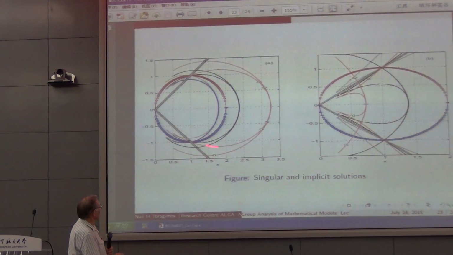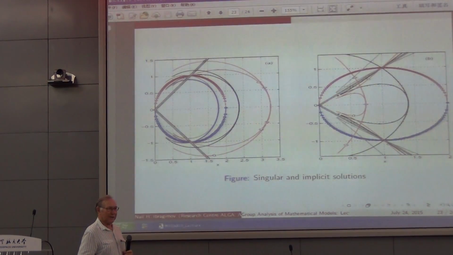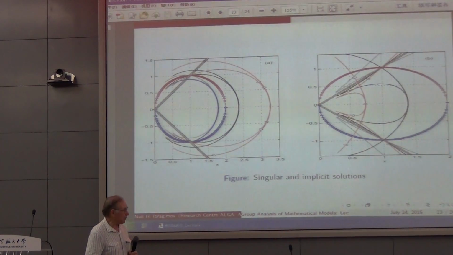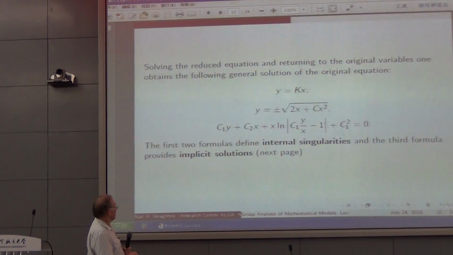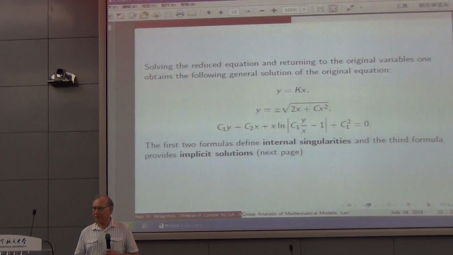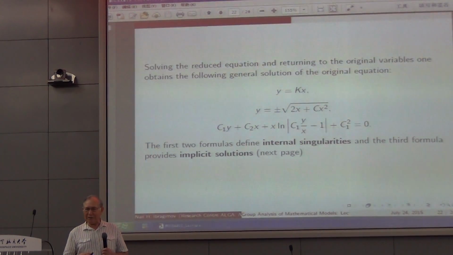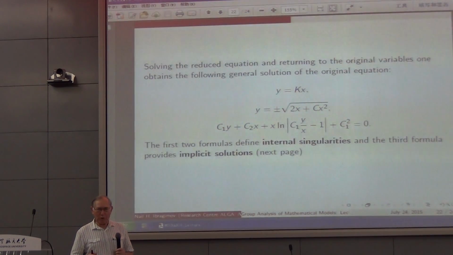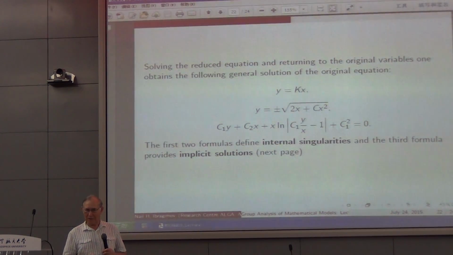Like that, and these are solutions given implicitly, because this formula gives you an implicit solution. You cannot solve with respect to y. You cannot write y equals a certain fraction of x. So these implicit solutions are somehow attracted to those singular solutions.